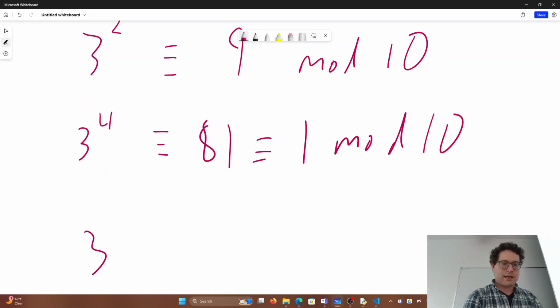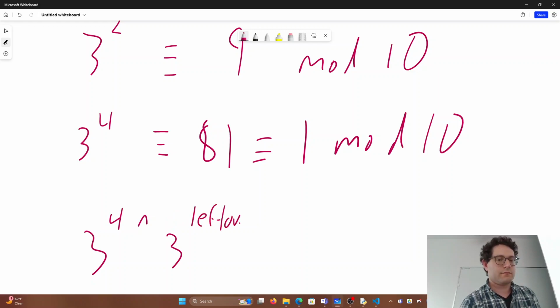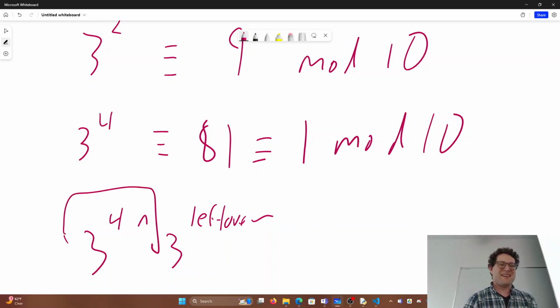So 3 to the 50th, how can we break that 50? Basically, we need to break it into something that's a multiple of 4, plus whatever's left over. Make sense? Because if this is a multiple of 4, then we can do this.